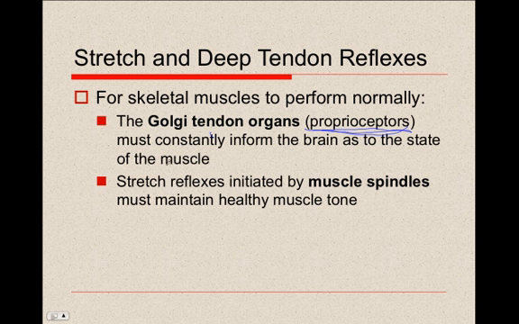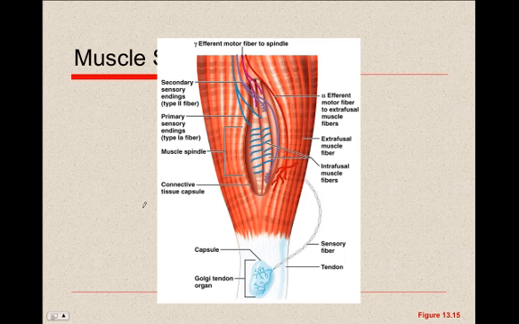And then stretch reflexes are going to be initiated by muscle spindles. This will make more sense once I can show you a visual of this. But these muscle spindles are going to wrap around muscles, and they'll be initiated by the stretch of those muscles. So you can see here are these muscle spindles. These are a sensory receptor, and they literally are going to spiral around the muscle cells.